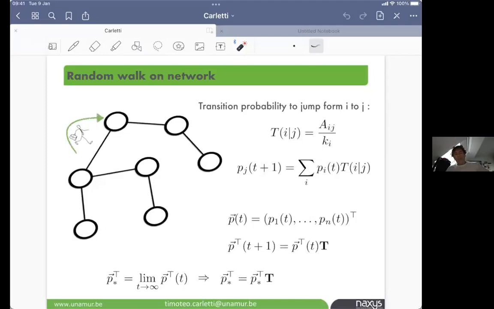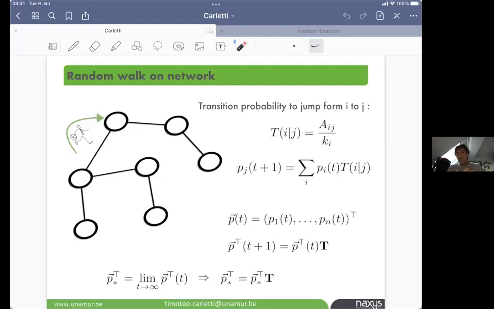So I understand. Yeah, you can deal also with time-dependent networks. The point is that the process can be no longer a Markovian one, because the probability to jump depends not just on the present, but on the past. And there are some strange phenomena that can appear.